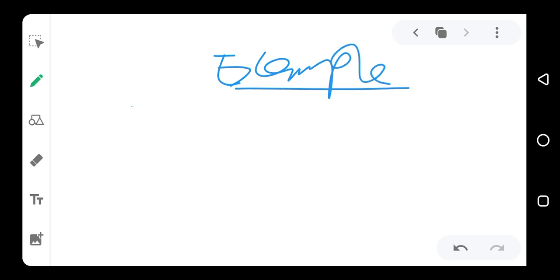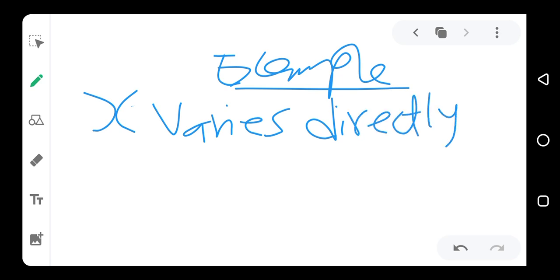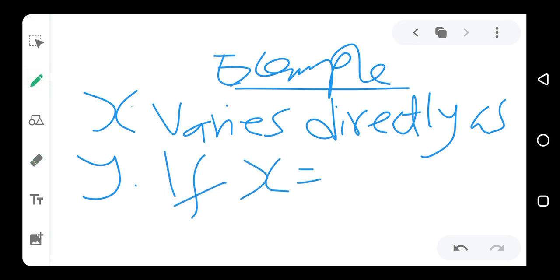If we have that X varies directly as Y, and we are told that X is equal to 1 when Y is equal to 2, then we may be asked to find Y when X is equal to 2.